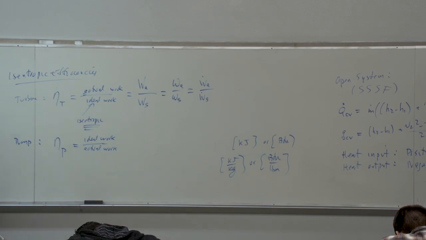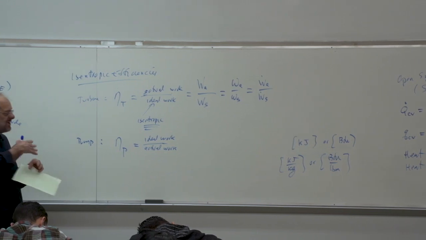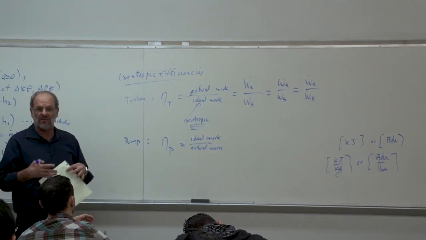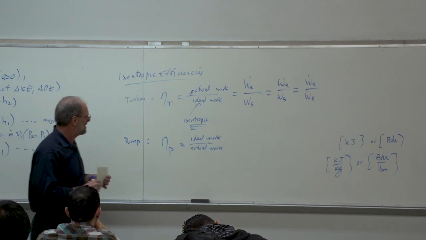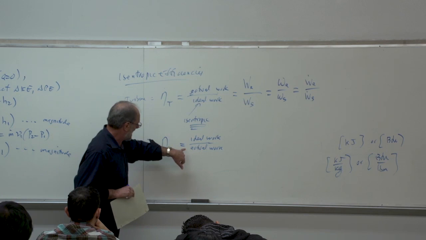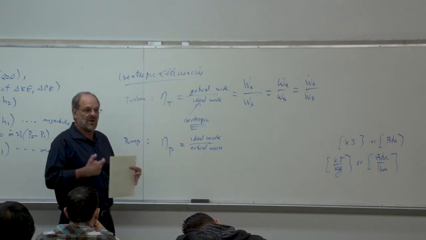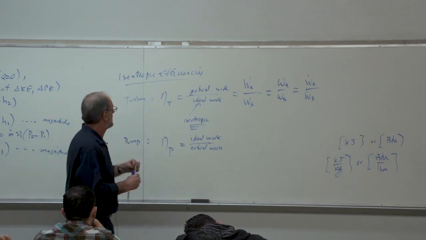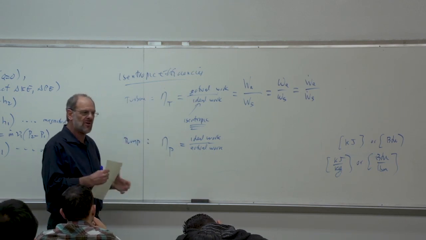The actual amount of work is not only the amount of work it takes to energize the fluid that's moving through the pump, but you also have to provide a little extra work to overcome the frictional losses associated with the bearings and the fluid flow through that pump. So in the real world, the actual amount of work required by that pump is going to be greater than the ideal amount of work, because we have to overcome friction and other losses. With the turbine, it's essentially the same, but reversed.